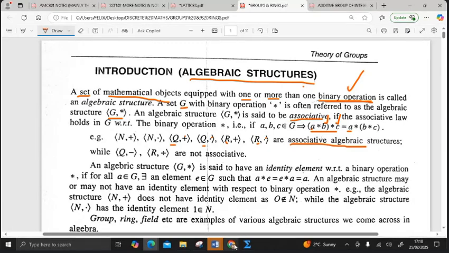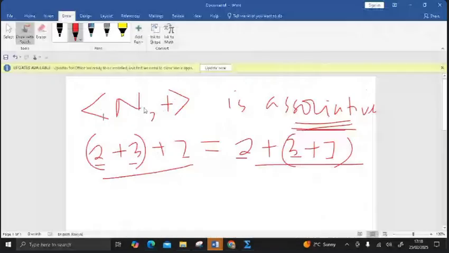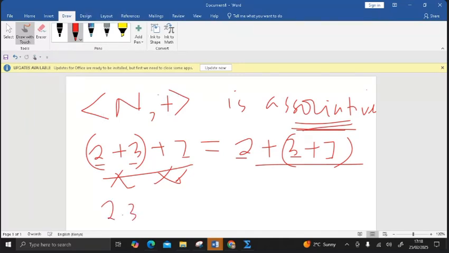So that is important. And when we're talking about multiplication, if we have multiplication here instead of plus, meaning we have that dot, that dot represents multiplication. So we could have (2 · 3) · 7 is no different from 2 · (3 · 7).